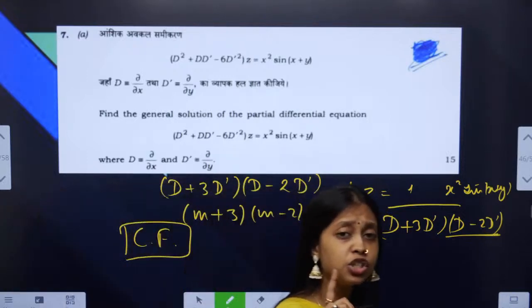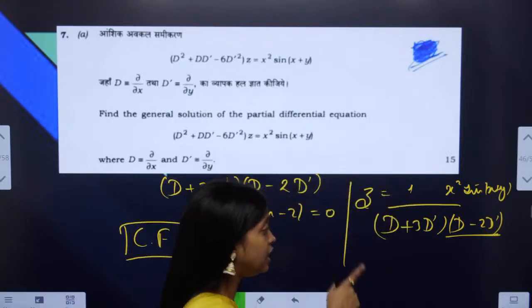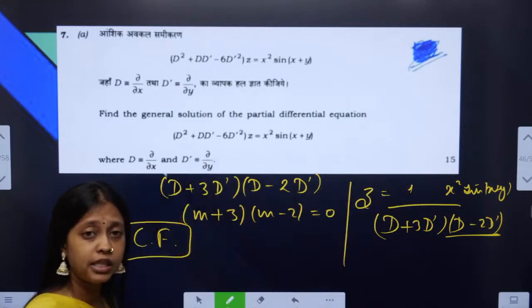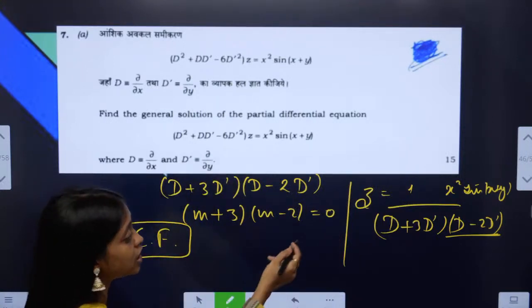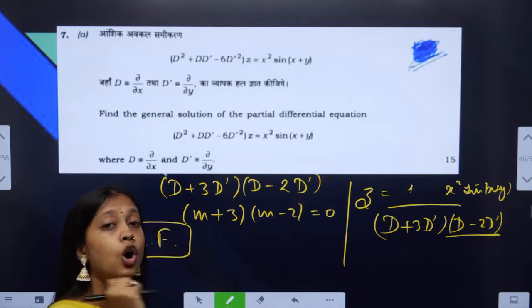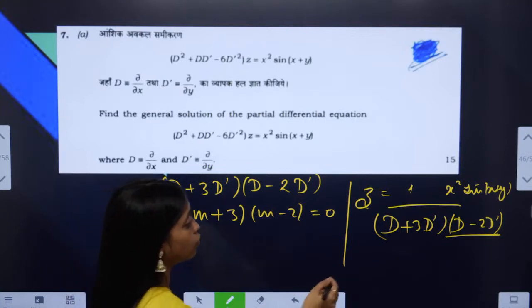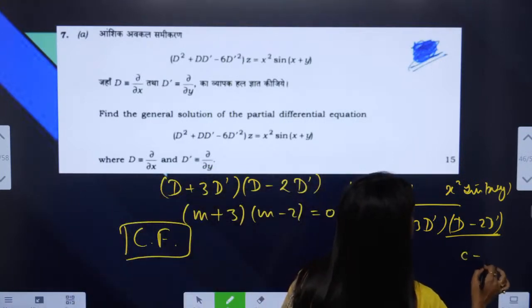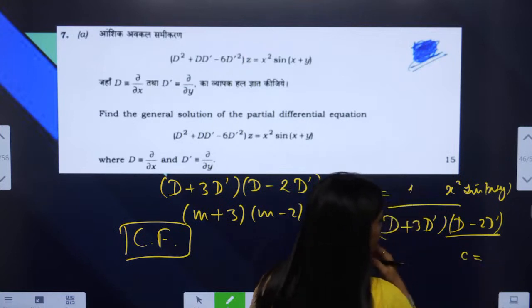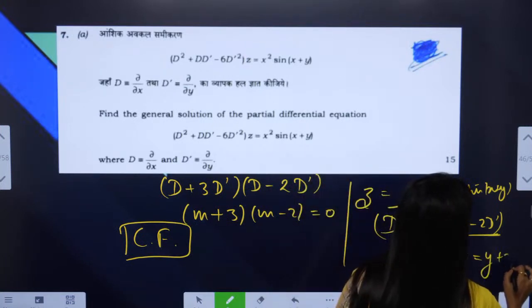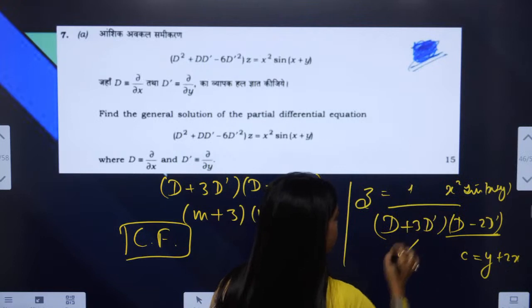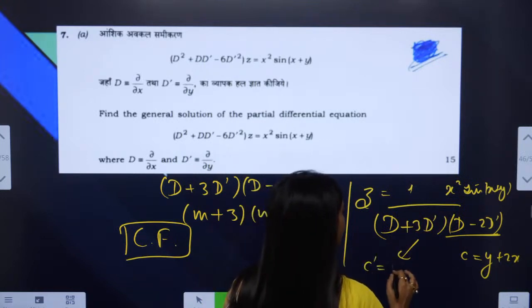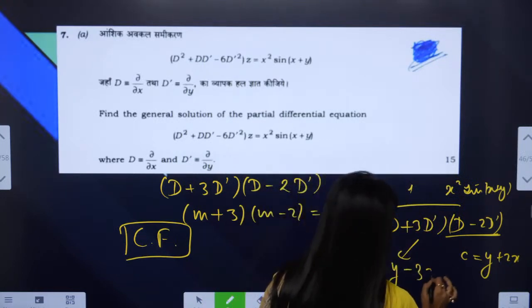These are the initial kind of questions that we discuss in PDE. You can just substitute your constant: take a constant c, that will be y plus 2x, and when you solve this it will be some c dash, which equals y minus 3x.